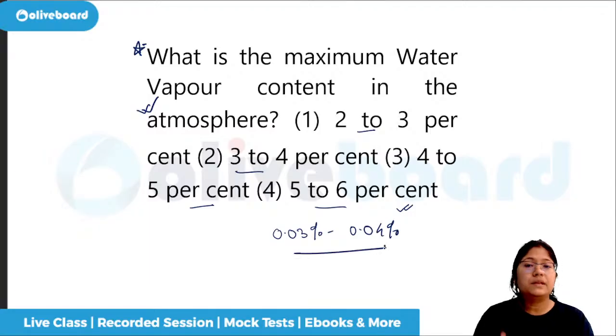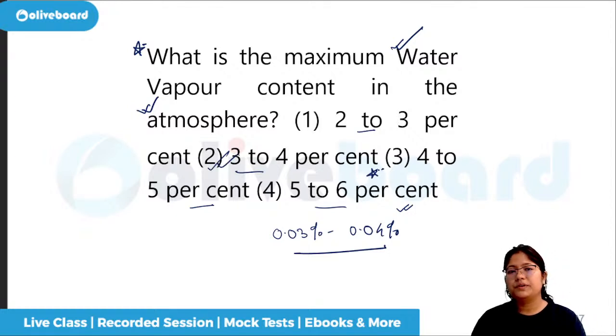But still, in case of the greenhouse gases, it is the leading one. Similarly, water vapor is the leading one because it has 3 to 4% content in the atmosphere. All right. So what is correct? Option number 2, 3 to 4%.